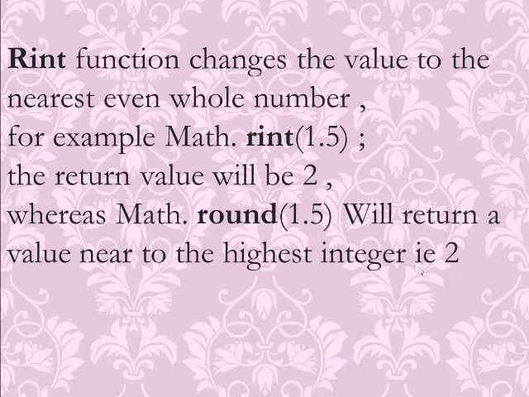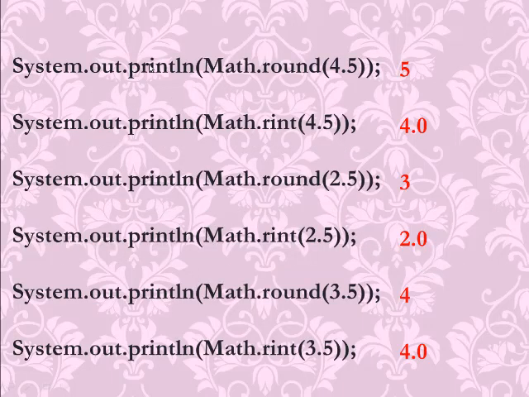Now the basic difference between rint and round is that rint gives preference to the even value, while round follows the mathematical rounding rules. Like here, if you write Math.round(4.5), you will get 5, because if the digit after the decimal is 5 or more, the value before the decimal is incremented by 1. But Math.rint(4.5) will return 4.0, because 4 is an even integer, so instead of 5 it will return 4.